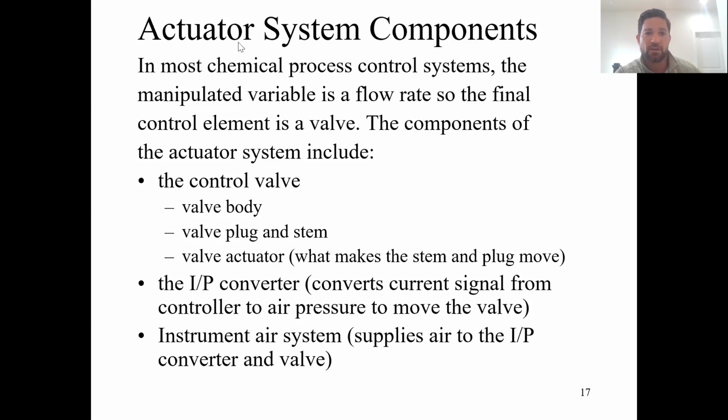Okay, so control valves are going to be part of the actuator system. The actuator system consists of a variety of components. Typically in a chemical process, an actuator system is going to be a flow valve, or a valve of some sort that controls a flow rate. You can have feedback control processes that use some other type of actuator component, such as an electronic heater.